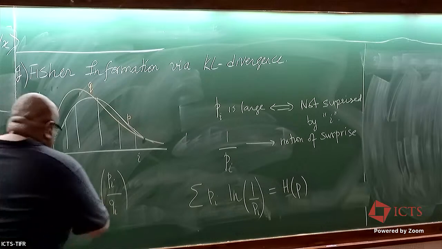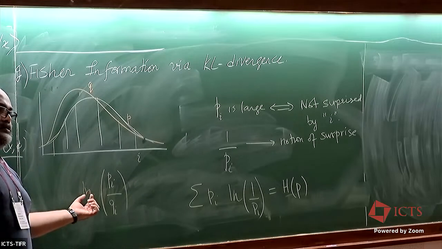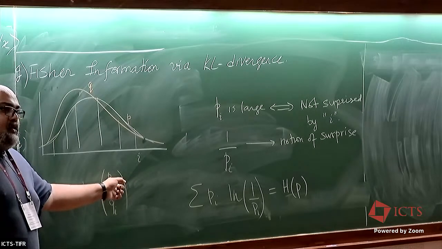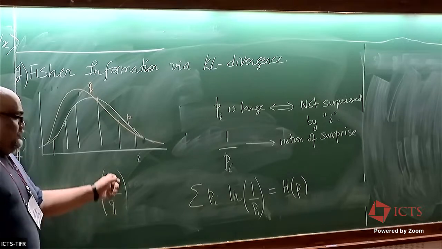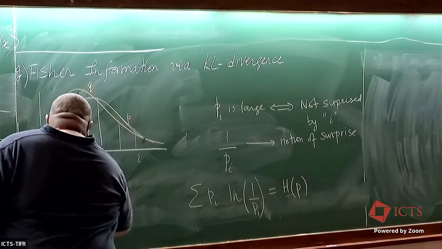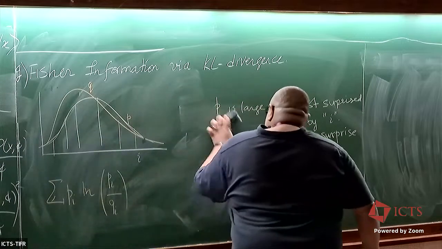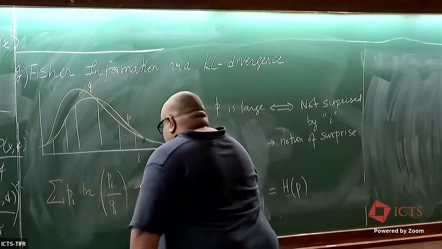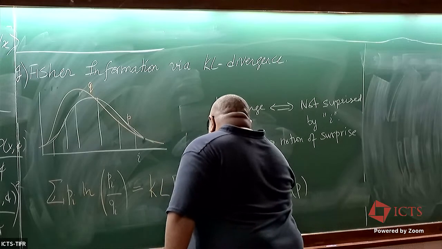So if I put a log in front, this quantity is a good measure of the relative surprise of the event i, P versus Q. And now I average over the probability distribution P. This quantity is called the Kullback-Leibler divergence between two probability distributions P and Q.